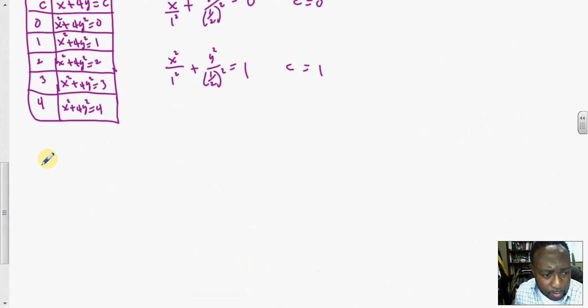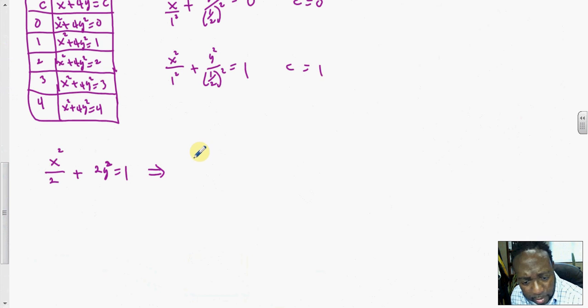For the next one, for 2, we divide through by 2, and so we get x squared over 2 plus 2 times y squared is equal to 1.